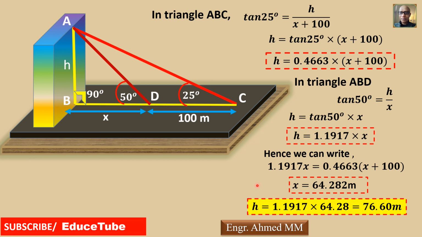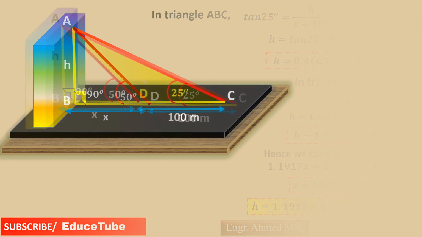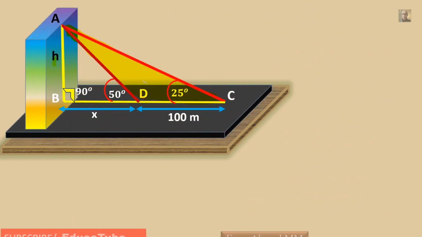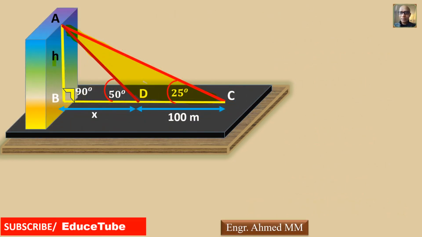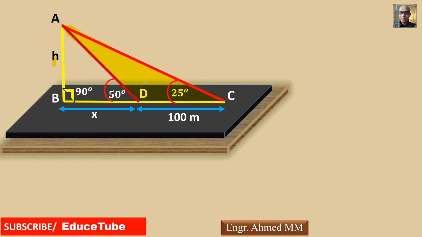Now in the next slide we'll see how to find the area of the triangle. I am removing the building, so the triangle will be very clear to look at.